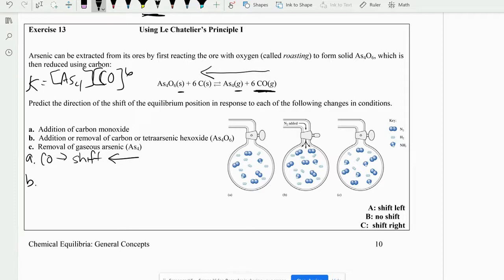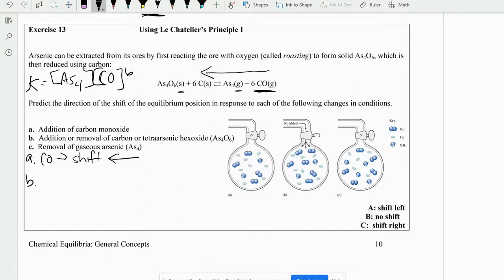Okay, B, what if I add or remove carbon or tetraarsenic hexaoxide? Those 2 are reactants, and I just told you that both of them were solids.